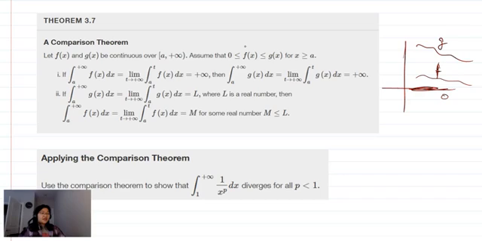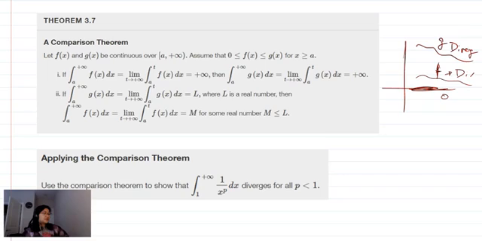Then if f diverges, then whatever's greater than it is also going to diverge. Because the area of something smaller, if that diverges, it's not a number, then anything bigger than that is going to also diverge.